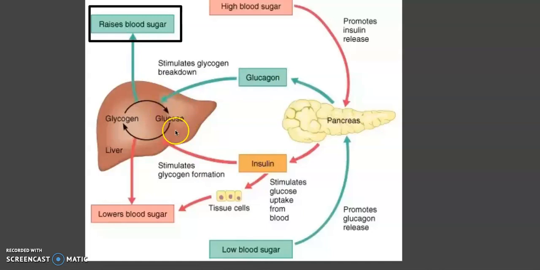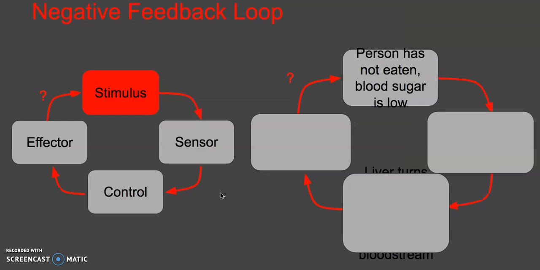And what is glucose going to do when it's back in the bloodstream? After this blood sugar is raised, it's going to promote the release of insulin by beta cells and make it possible to take glucose into these tissue cells and turn them into ATP, which they can then use for energy.